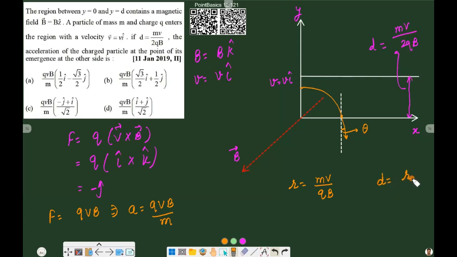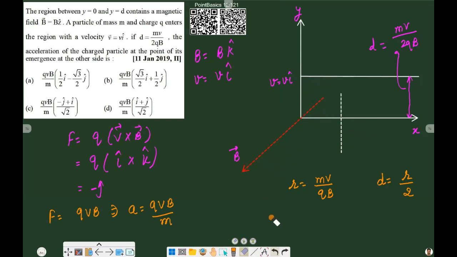So here d is half of the radius, which means even if the particle enters somewhere midway in this region, it will cross it perfectly. And as the radius is greater than this thickness, the particle will not be able to complete any full circle inside this thickness. So let me draw that.